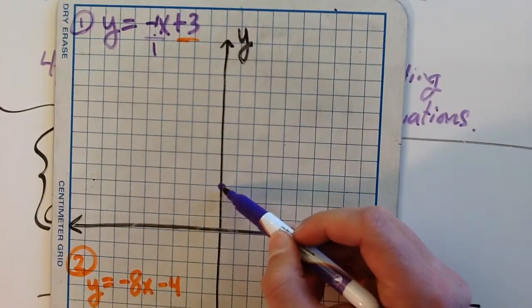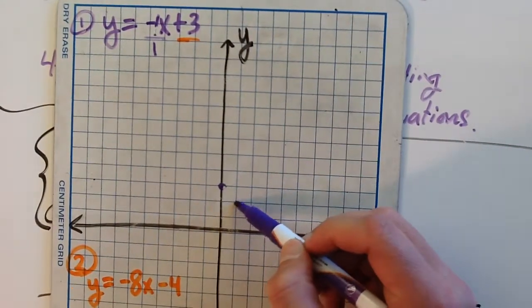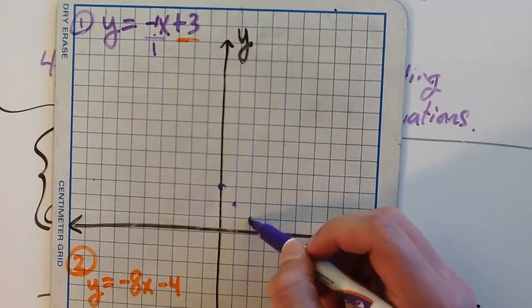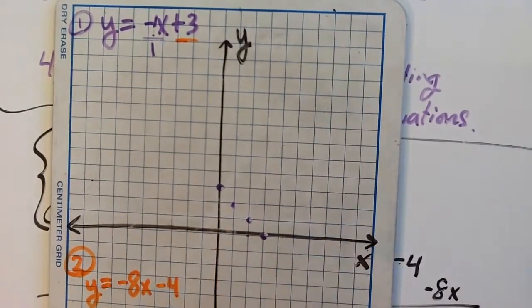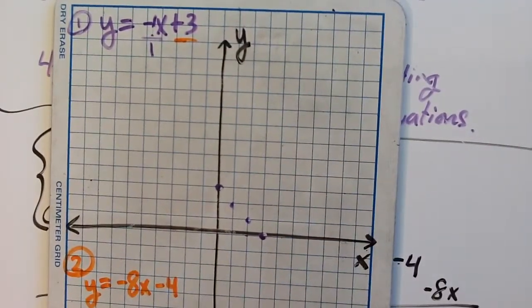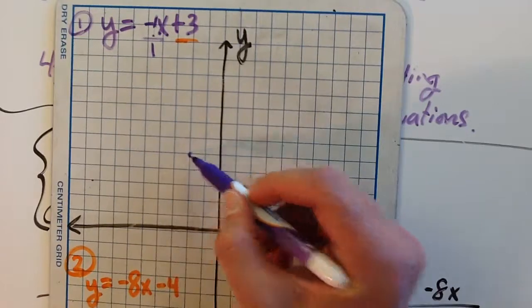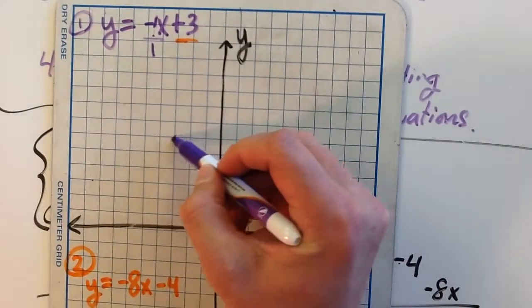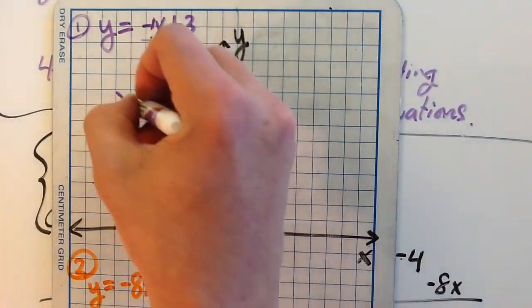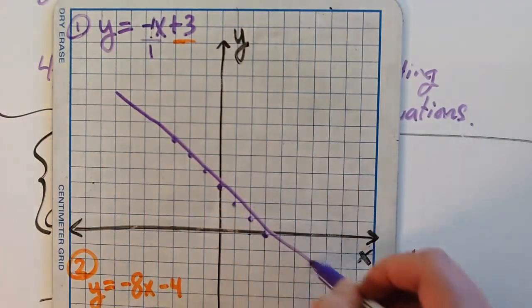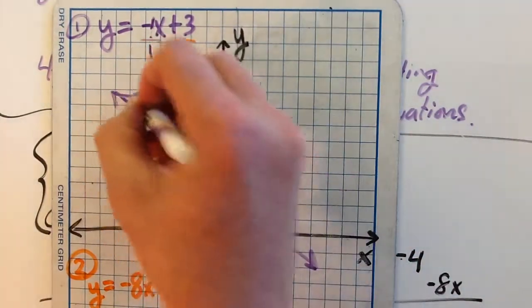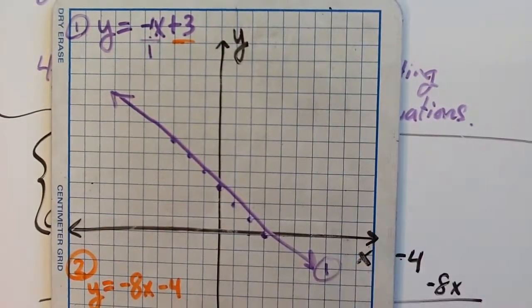So from the b I go down 1, right 1, down 1, right 1. And going down 1, right 1 is the same exact thing as going up 1, left 1. All right, so then I connect these points with a line, draw arrows on the end of the line. Okay, this is equation number 1.